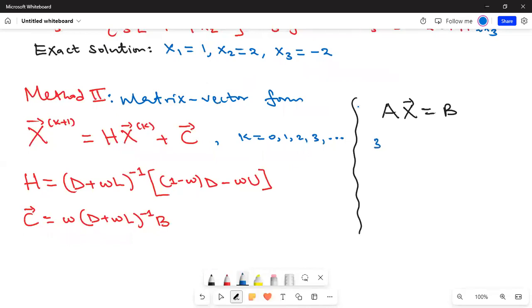It will be 3, -1, 1; -1, 3, -1; 1, -1, 3 times x1, x2, x3.